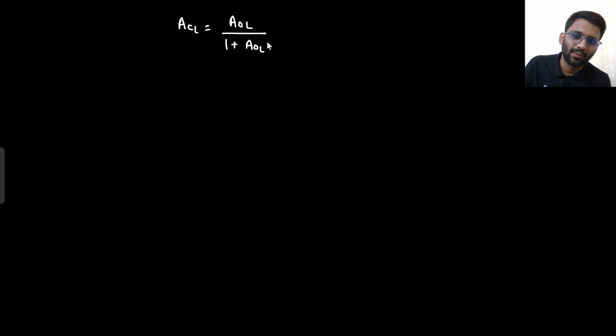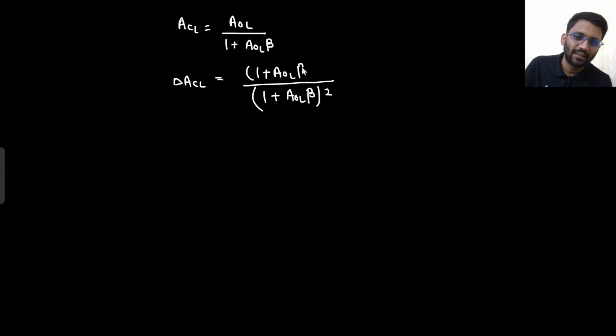Now we will apply simple mathematics here. Now we are going to pick this formula again, AOL on 1 plus AOL into beta. So I am going to do the partial differentiation on both of the sides. So delta ACL divided by simply the differentiation: 1 plus AOL beta whole square, 1 plus AOL beta would come as it is.